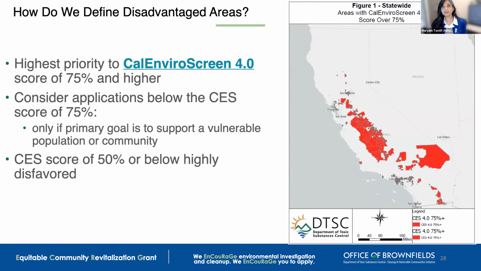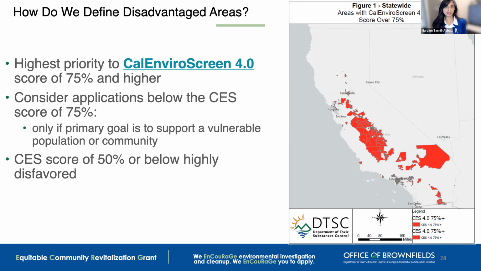So how do we find disadvantaged areas? There's a database, and you can explore that database called CalEnviroScreen through this link once you have the slides, where they have layered pollution burden data and demographics to come up with a score. And so anything that's 75 or higher is what we consider to be a disadvantaged area.